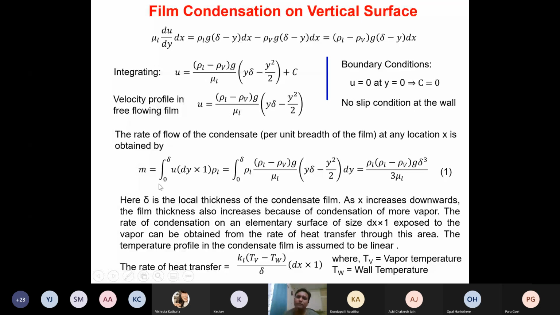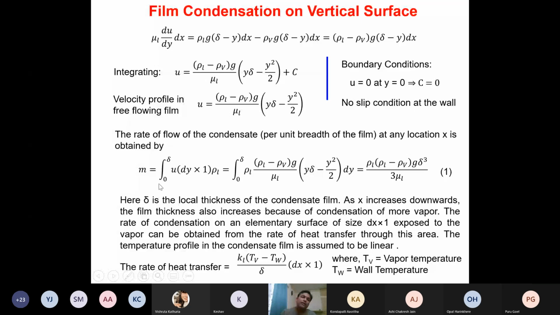If you put it in this equation and integrate, replacing u by this expression, what you get is rho l times rho l minus rho v g delta cube divided by 3 mu l, which is nothing but the mass flow rate at any location x. So this is the mass flow rate which we have obtained from the velocity profile here.